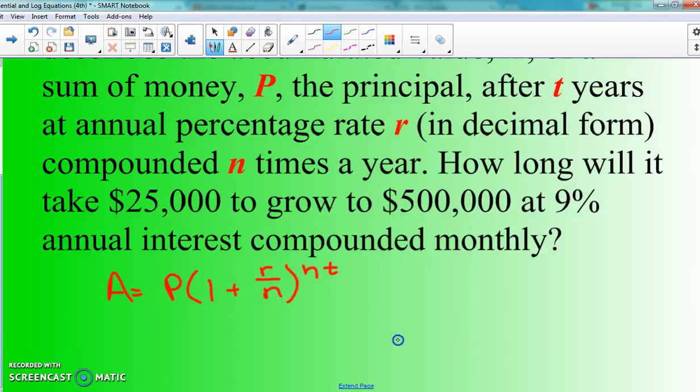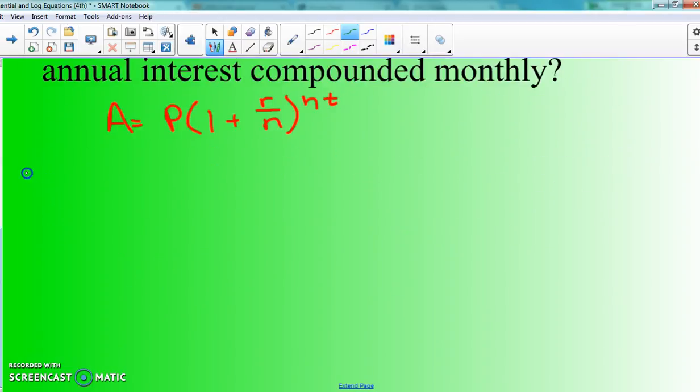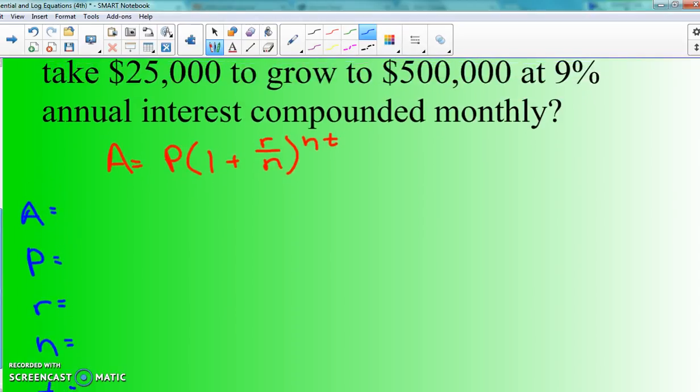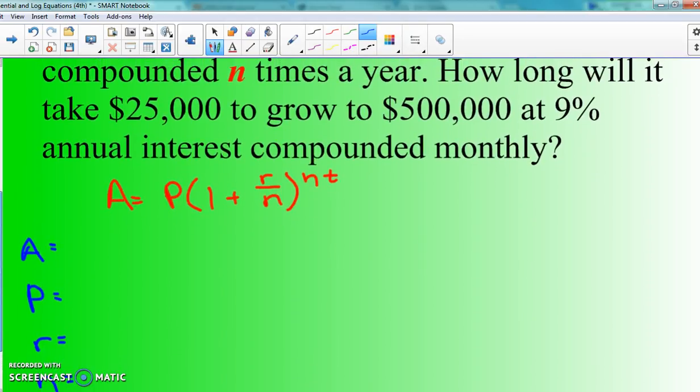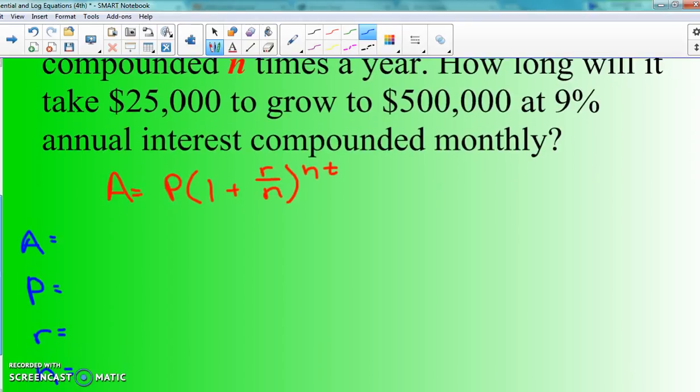All right, so before we go ahead and work out the problem, let's go ahead and pull out all the parts that we need. Let me change that to blue, so I think blue will look better. Yeah, so we have A, we have P, R, N, and T. Okay, so if we take a look at that last part they gave us here, we know that A is the amount that you have at the very end.